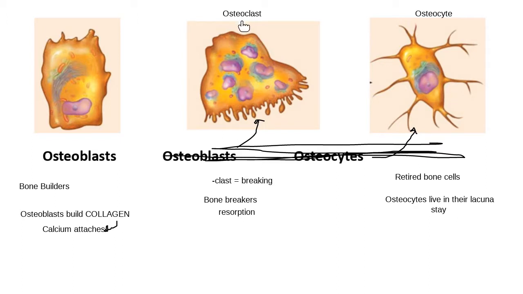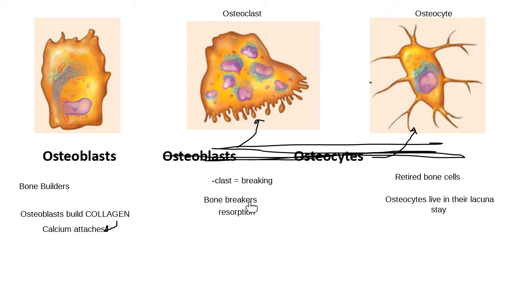Osteoclasts are really important in the process of remodeling your bones, so taking what's there and making it stronger. They're also really involved in balancing the amount of calcium in your bloodstream. If I don't have enough calcium in my bloodstream, I need my osteoclast to resorb or break down some of that bone so that the calcium that was inside of it gets released into the bloodstream.